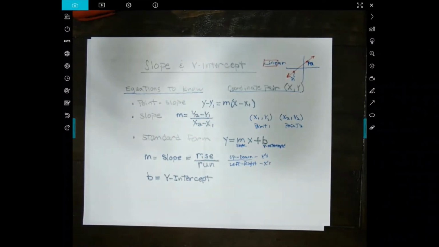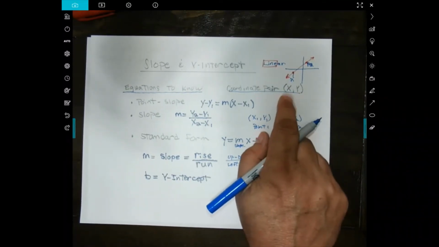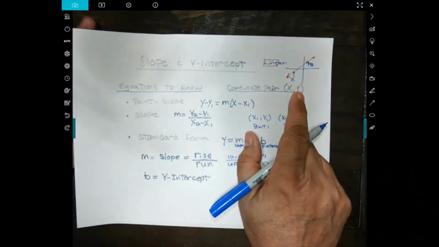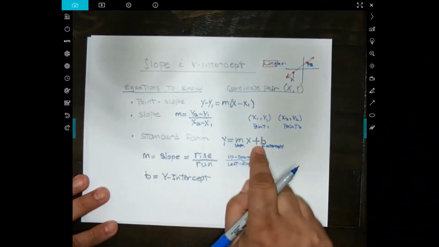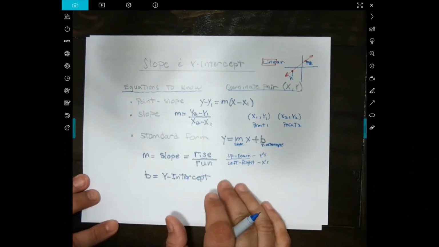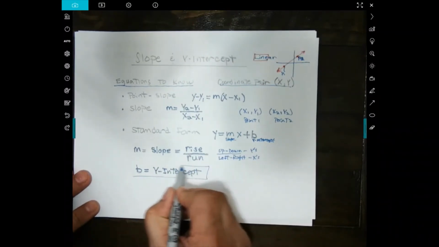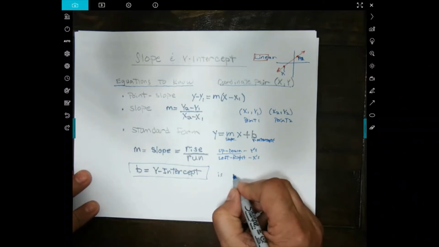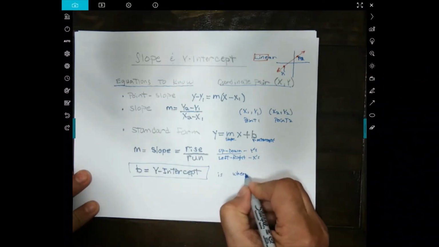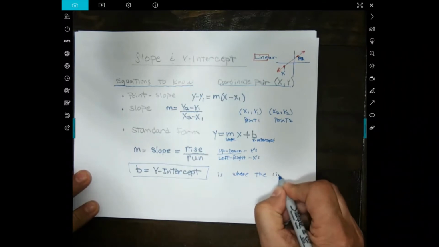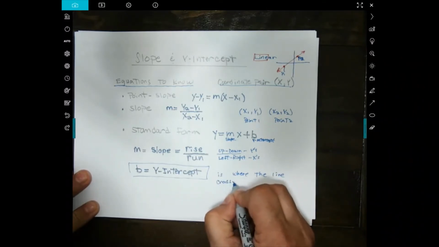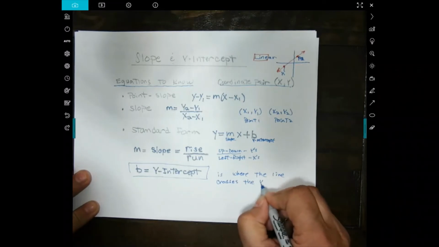We're going to do about 4 examples of finding the slope and the y-intercept. One from a graph, one from a coordinate pair, one from the standard form of the equation, and then one when you're given a table. So the thing you need to remember is the y-intercept. The y-intercept is where the line crosses the y-axis.